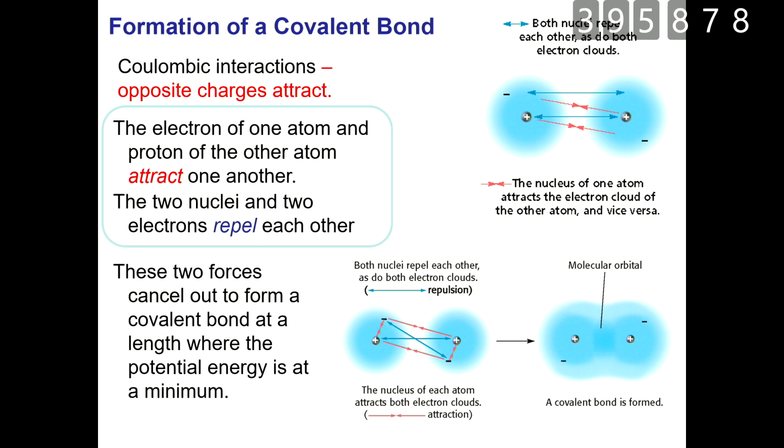And of course, if they get closer again, the repulsion will be much stronger than the attraction, so it will be unstable, right? Just when these two forces are equal, the energy is low.